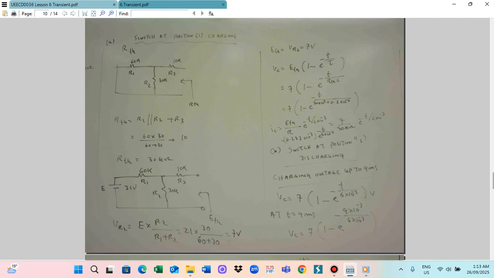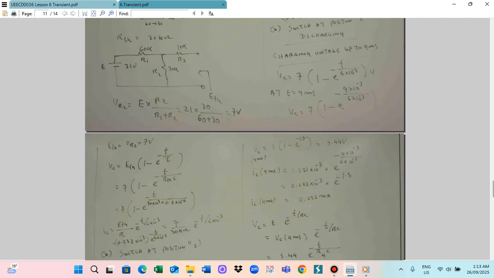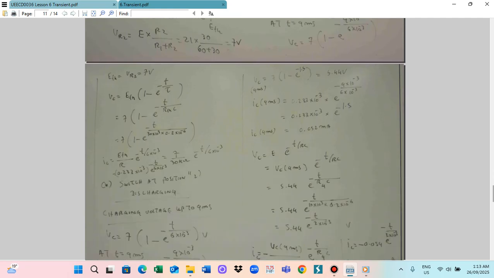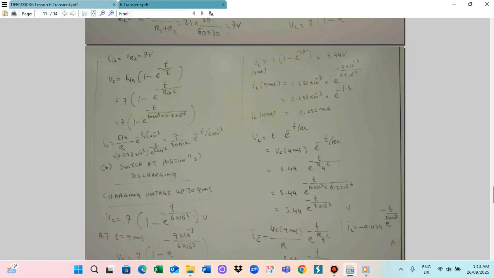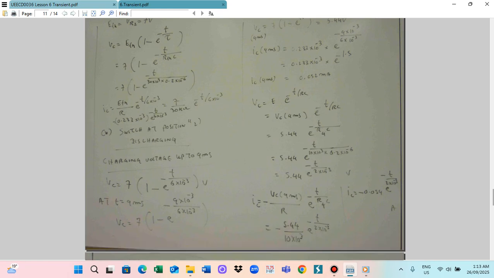By solving this one with the calculator, you calculate VC as 5.444 volts.